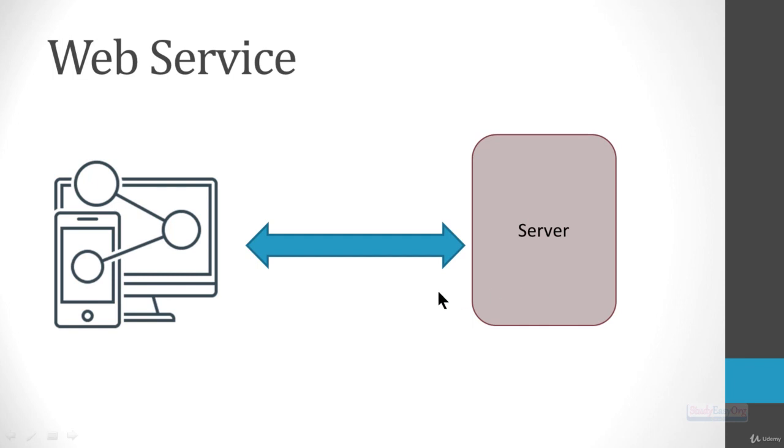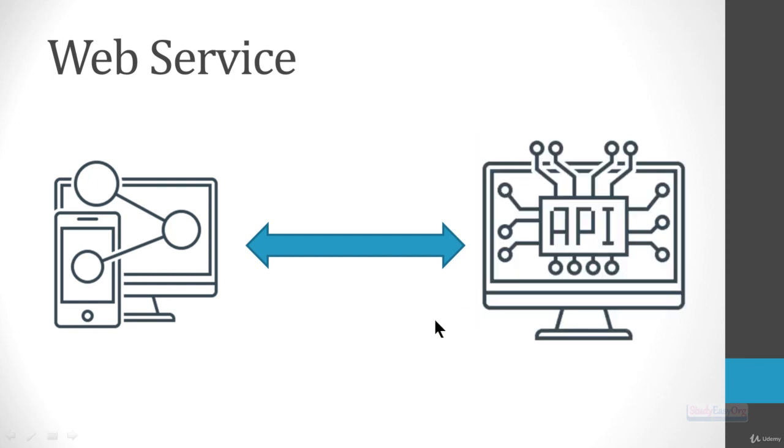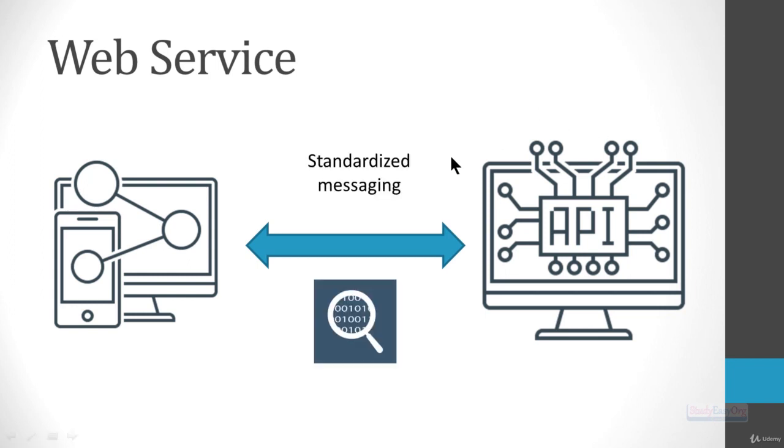In fact, it communicates with an API, classes, methods, right? And the communication is based on standardized messaging, and the communication is the bare bones data, only data. There is no CSS, there is no formatting, there is no HTML. It's standard data.